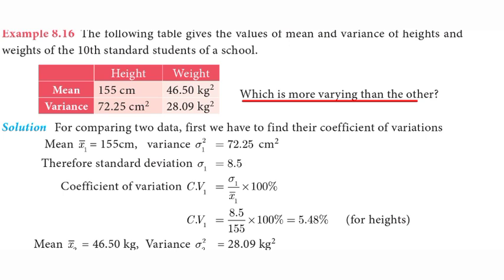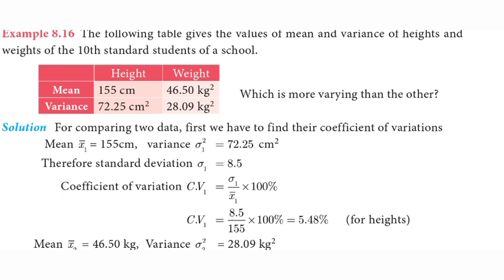Okay, first solution. For comparing two data, first we find the coefficients of variation. Take first the height value. Therefore mean x1 bar equals 155 centimeter, and variance means standard deviation square, therefore sigma 1 square equals 72.25 centimeter square.